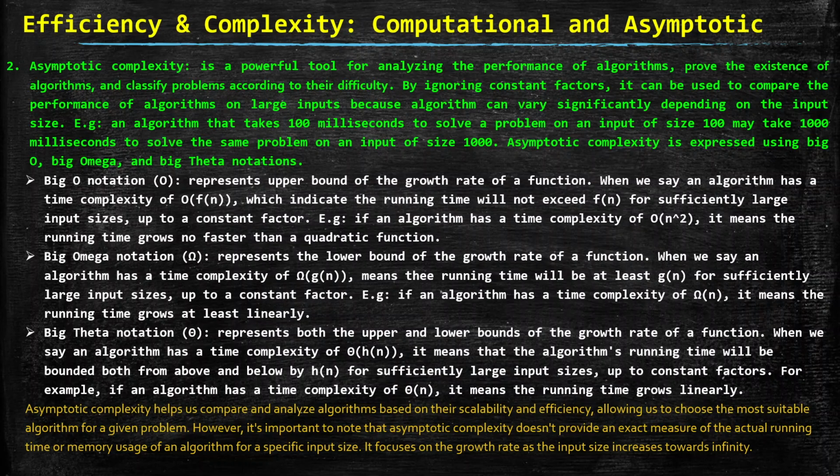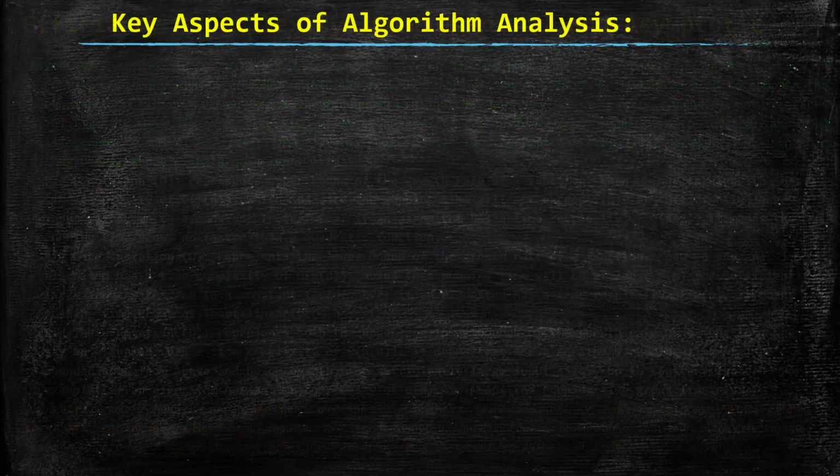However, it's important to know that asymptotic complexity does not provide an exact measure of the actual running time or memory used by the algorithm for a specific input size, but focuses on the growth rate as input size increases towards infinity.